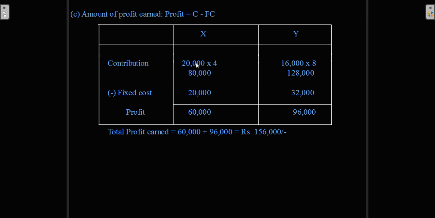So you multiply that by the number of units sold and find the total contribution in value. Minus fixed cost will give you the profit. You can find the individual profit as well as the total profit. This 60,000 and 96,000 are the individual profits. When you combine them, you will get the composite profit earned by the company.